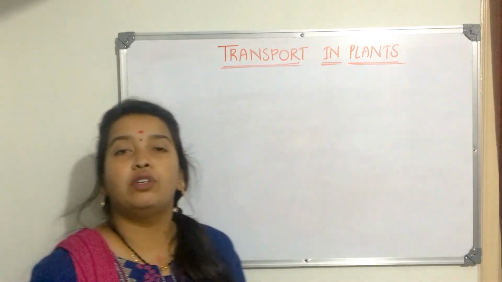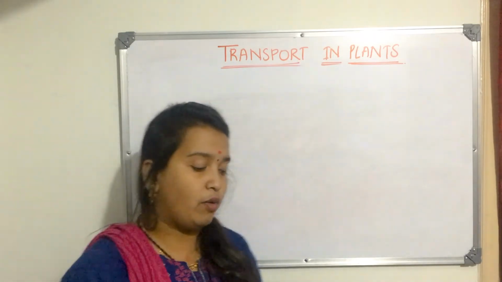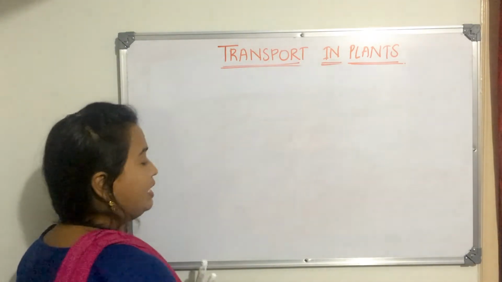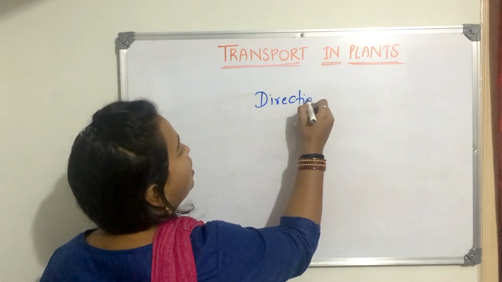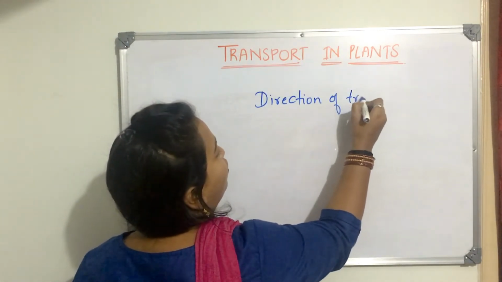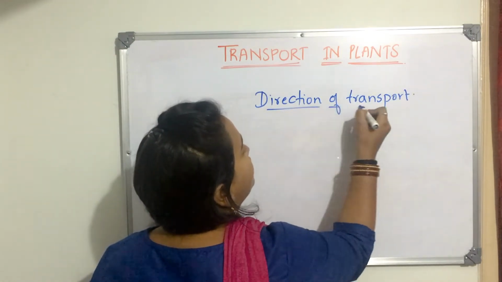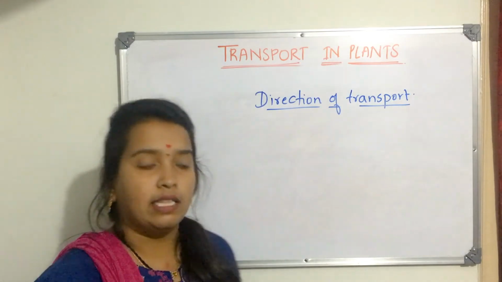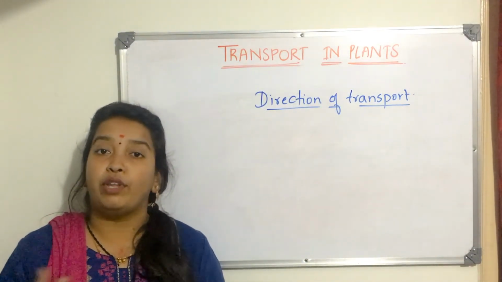So we have understood which are the things which are transported. Now what we will see is the direction of transport. There is one important thing to understand here. Whenever things are transported in plants, there is one thing to understand about direction.